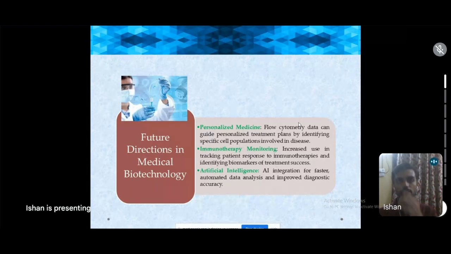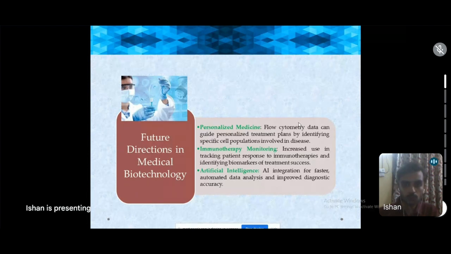We cannot have a single pill for every person. Each and every person has a different genomic composition and a differently built body. So one drug can have a better effect on one person and may not have the same therapeutic effect on a different person. So flow cytometric data can guide personalized treatment plans by identifying specific cellular populations involved in disease.